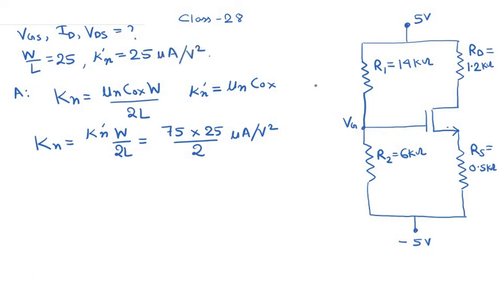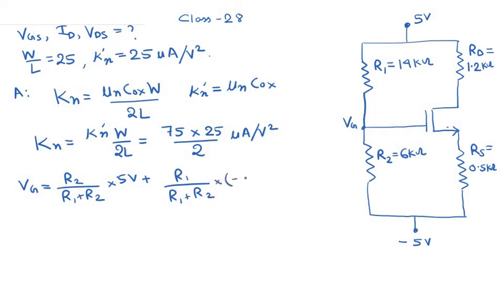Now let us find out the gate voltage, the value of the voltage at this point, Vg. So we know that no current actually flows into the gate, so the current only flows through these resistors R1 and R2 in this direction, and therefore the voltage at the gate Vg can be given by the equation R2 divided by R1 plus R2 into 5 volts plus R1 divided by R1 plus R2 into minus 5 volts.